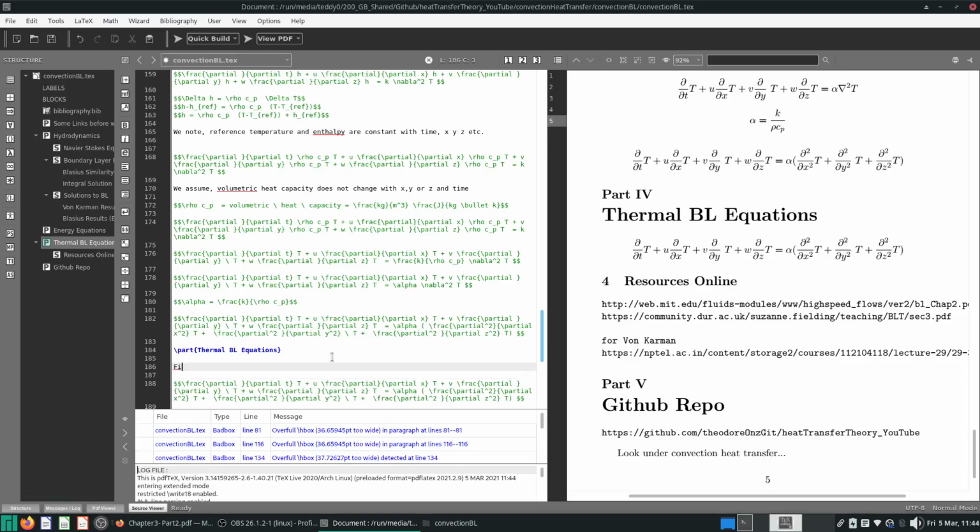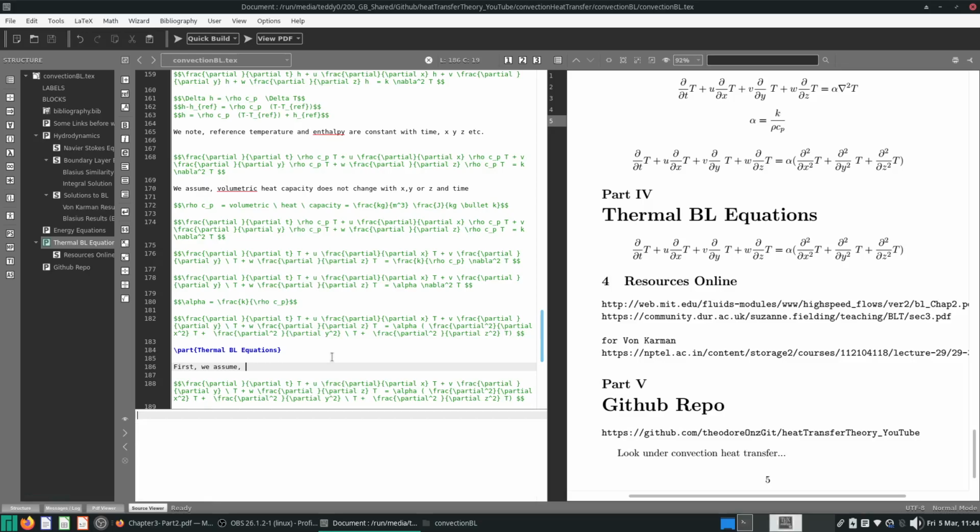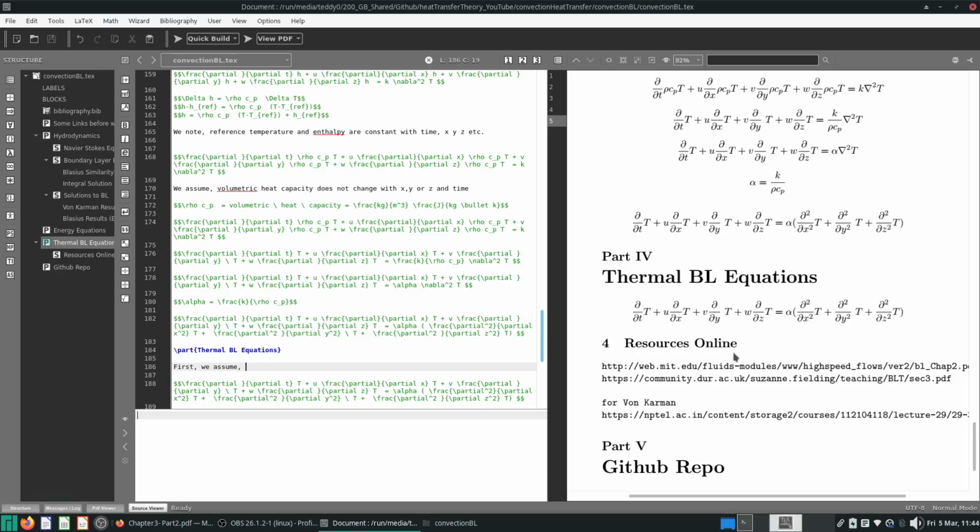First we assume, for the sake of speed, since we've done this before in previous videos, I'm just going to ignore the Z momentum or Z energy derivatives. So we assume 2D, so Z derivatives are zero.